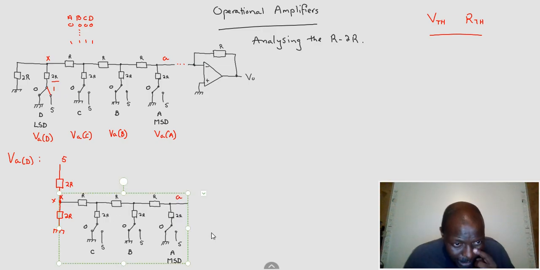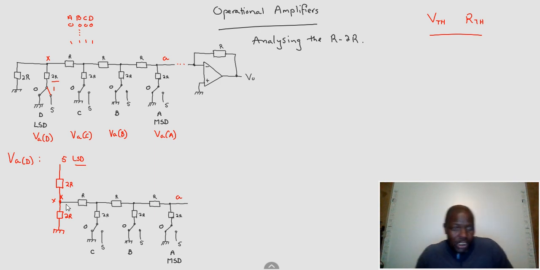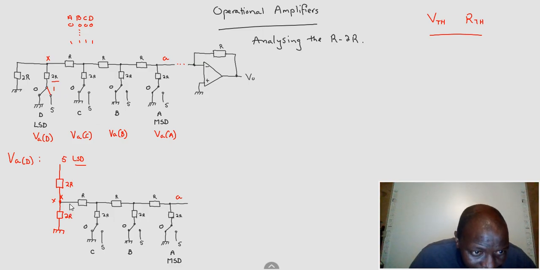So now what has happened here is, what happened to our MSD? Our LSD is the one that is connected to the source. Remember, LSD was connected to the 5 volts. So this is our LSD. So we want to work out the contribution from that LSD. So let's calculate now. Where do we start? In a scenario like this, I'll start from the outside. So I'll start here and call this R series 1.